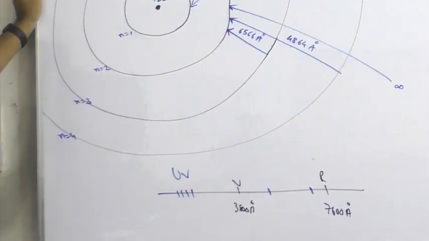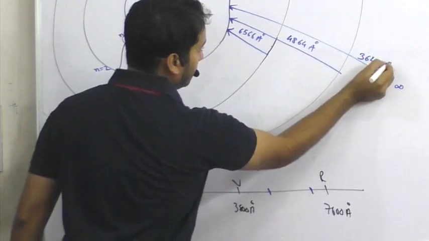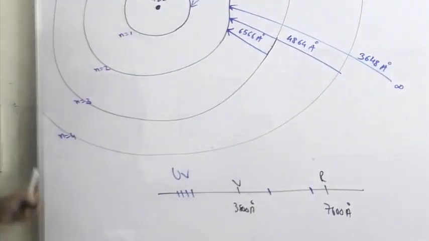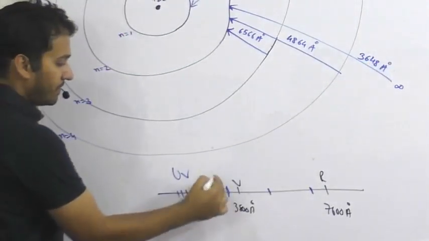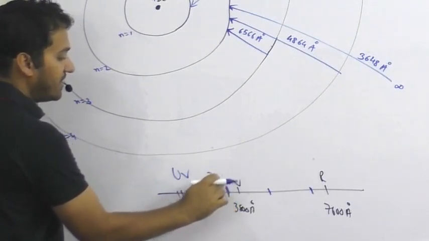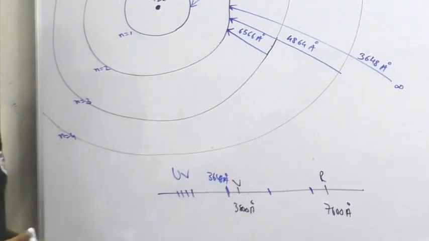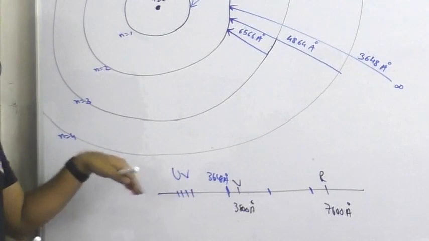How much is the series limit? 3648. Right? This is 3648. Where does this lie? It is just less than 3800. It is just less than violet. The wavelength is just below that, so which region is it?